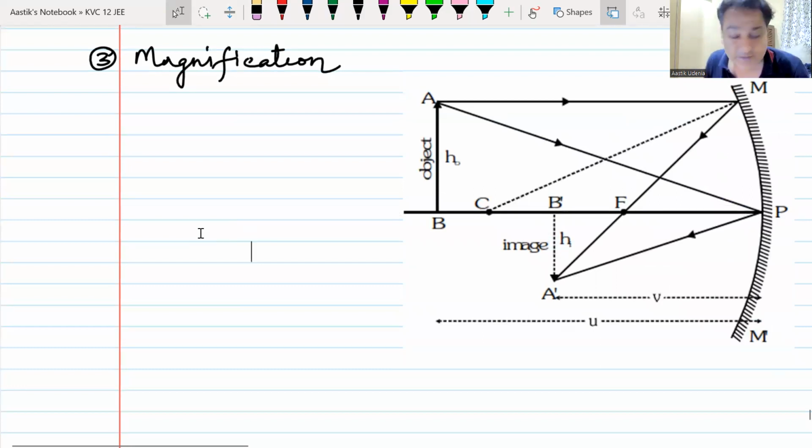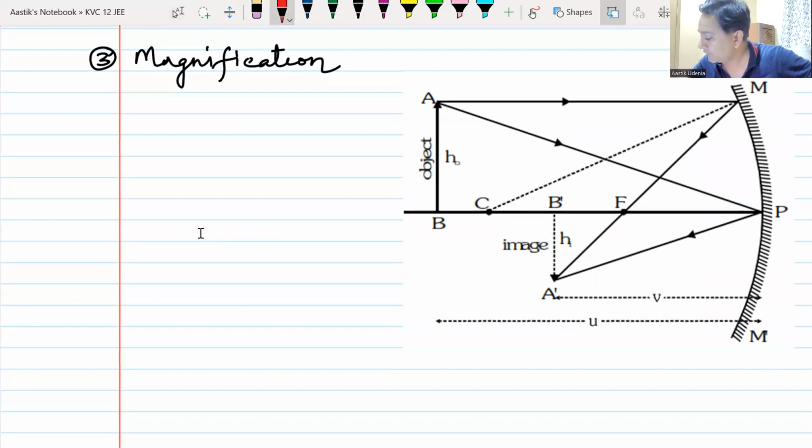I have gotten a diagram for you. As you can see here, we have an object here. Do we see this? HO is the height of the object. What type of image is getting created? Is it a real image or a virtual image? What type of object is this? Is it a real object or a virtual object? Real.